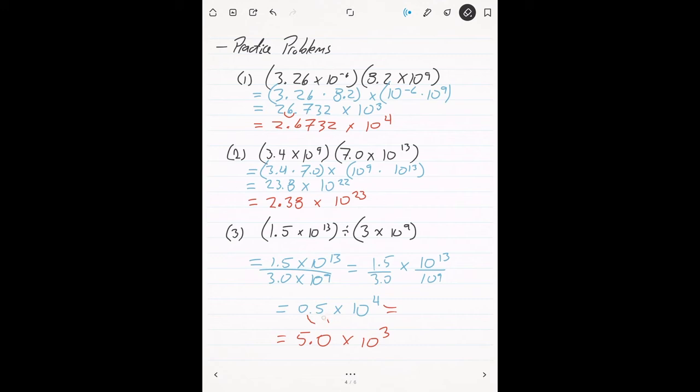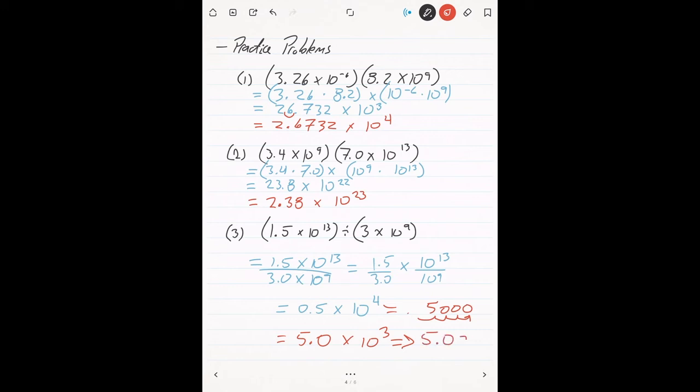If I had 0.5 times 10 to the 4th, that means take 0.5 and move the decimal 1, 2, 3, 4 places. So I end up with 5,000. Here, since I already moved the decimal to now start right here, I don't have to move it 4 places, I only have to move it 3 places.